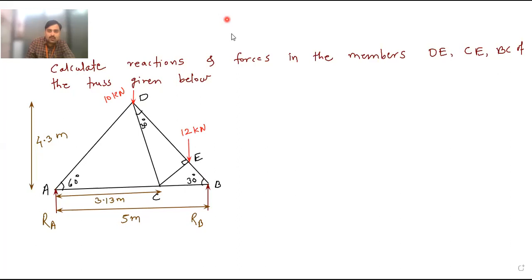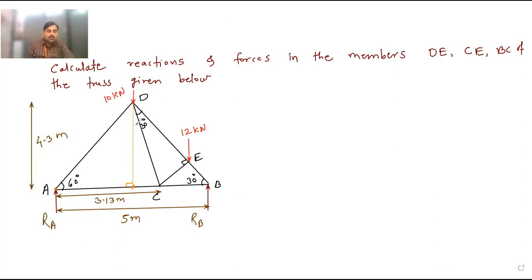Suppose I drop the perpendicular from this point. Okay, so this is the perpendicular, and this angle is 90 degree. We need to calculate the distance from point A up to this point. This will be the perpendicular distance of this 10 kilonewton force.